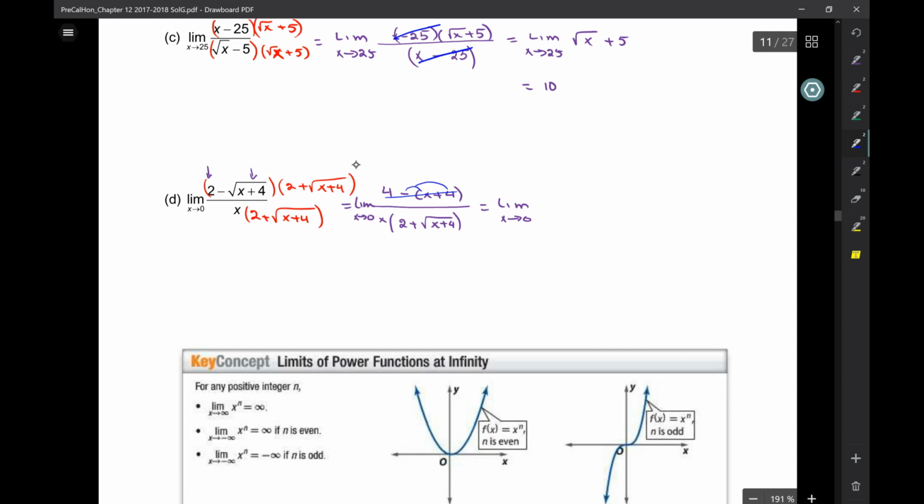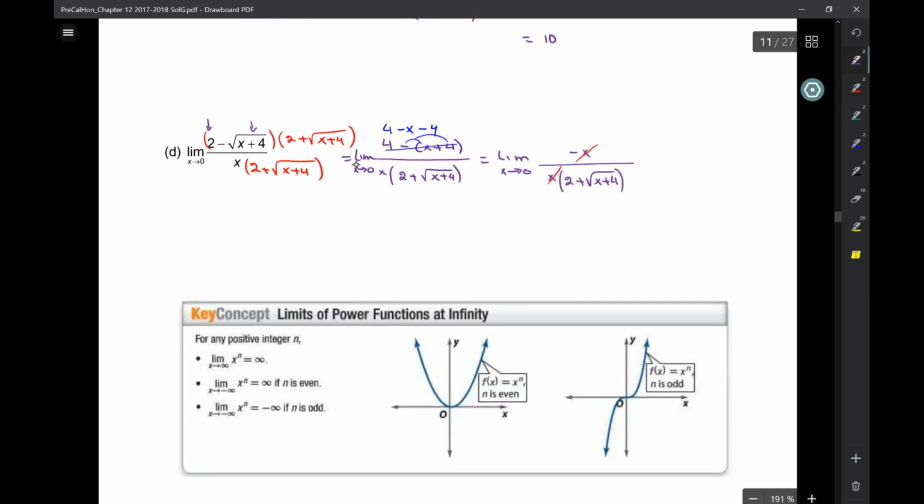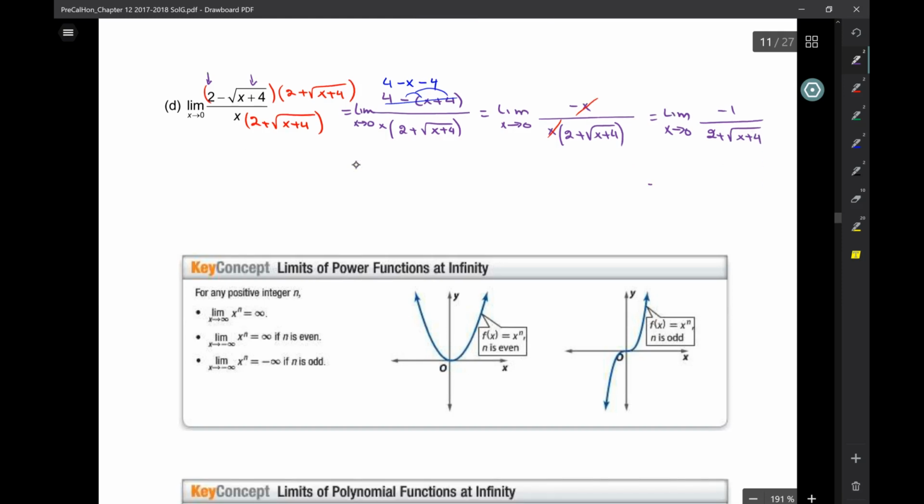If I distribute the negative, I'm going to get 4 minus x minus 4. What happens to the 4s? Go away. So I have negative x over x times 2 plus root x plus 4. What cancels? Just the x's. So this is the limit as x approaches 0 of negative 1 over 2 plus root x plus 4. So now I plug in 0, negative 1 over 2 plus root 4, negative 1 over 4.